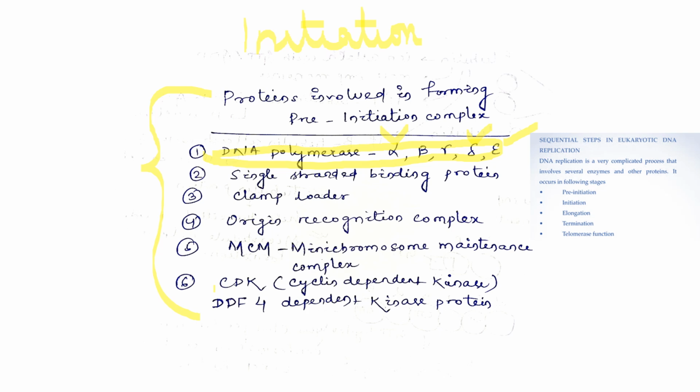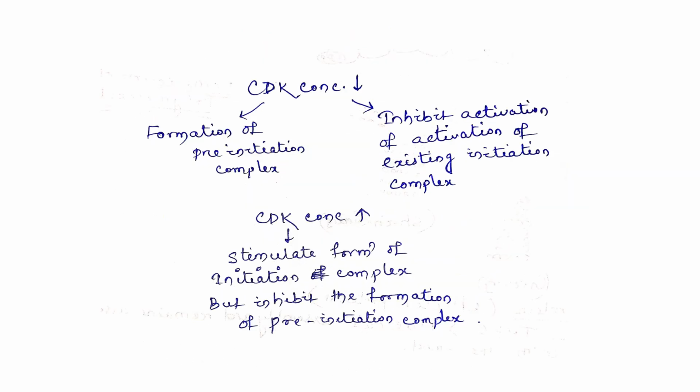Next, the CDK concentration actually controls many things. When the concentration of CDK is low, it stimulates the formation of the pre-initiation complex, which is formed before initiation starts, but it inhibits the activation of the existing initiation complex.